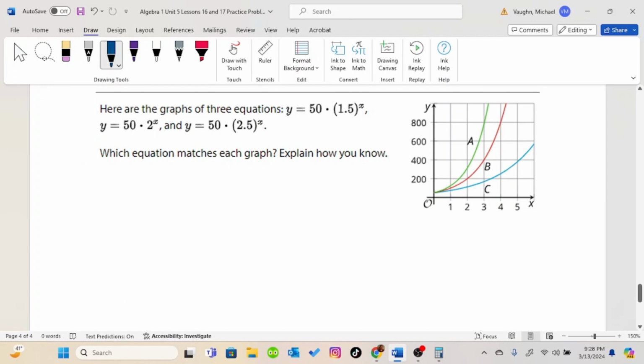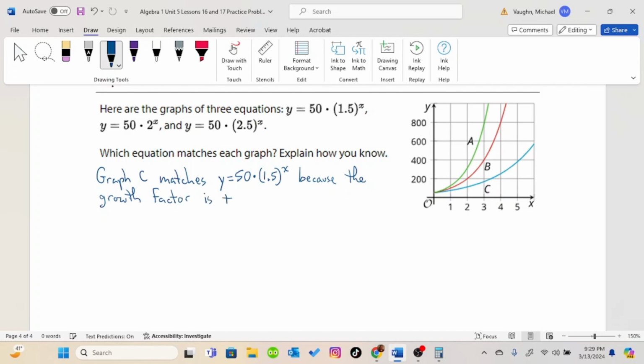So that means the slow graph, graph C, matches y equals 50 times 1.5 to the power of x, because the growth factor is the smallest.